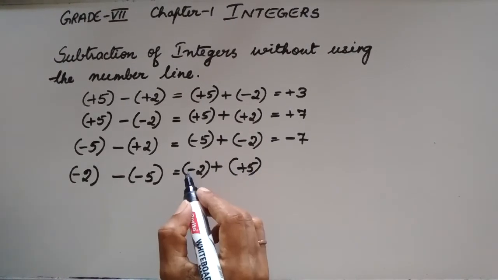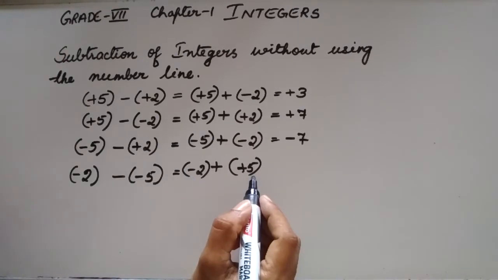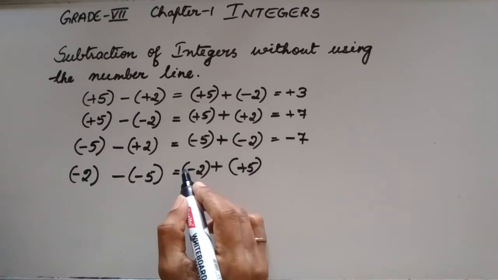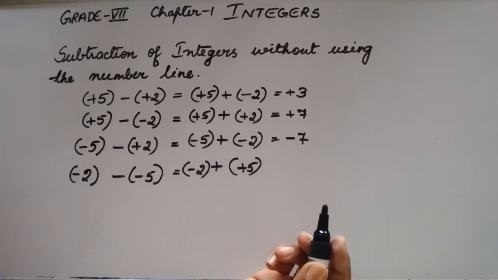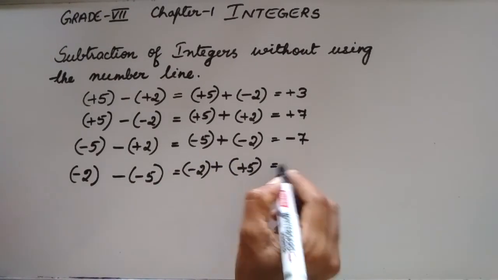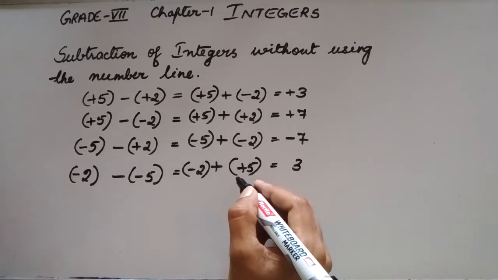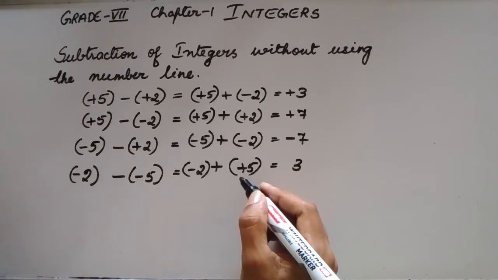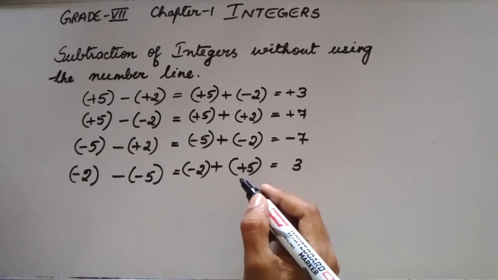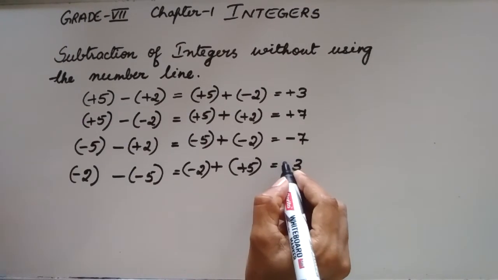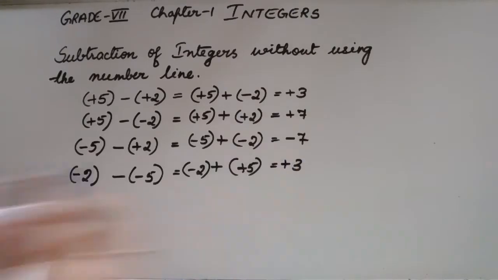When one negative integer and one positive integer are added, we take their difference, that is 5 minus 2, or 2 minus 5, is 3, and then place the sign of the bigger integer. So what is the sign of the bigger integer here? It is plus, isn't it, students? Yes, so it is plus 3.